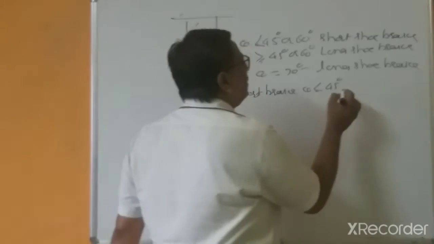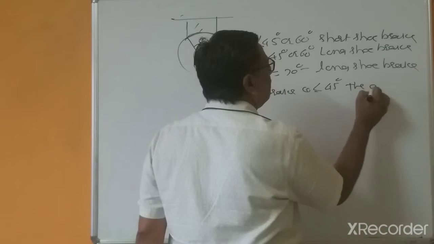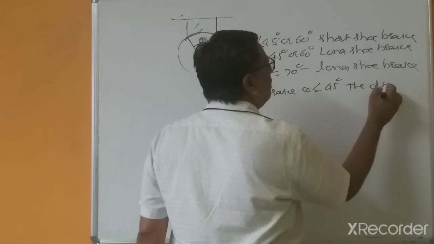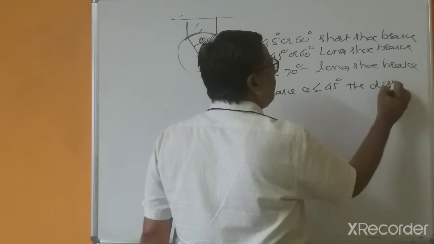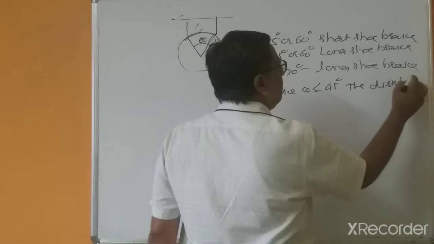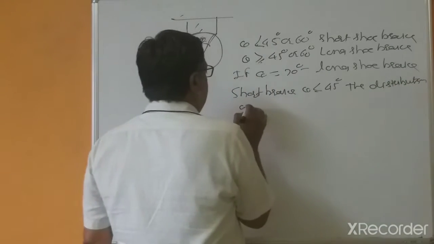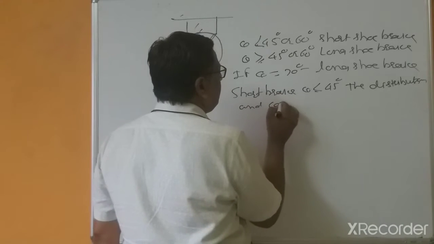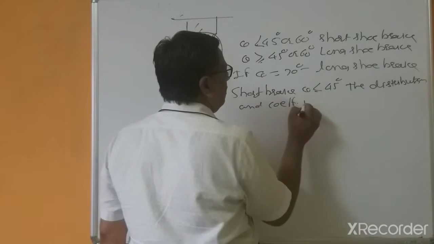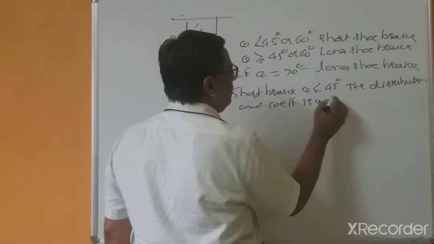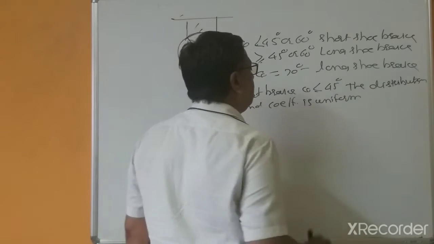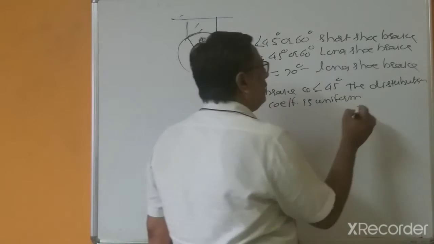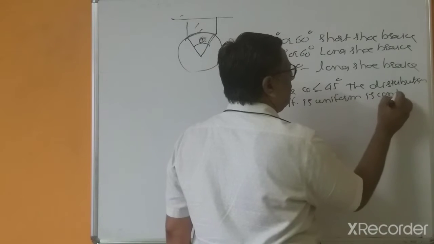So the distribution of the pressure and the coefficient of friction is constant. It is a uniform distribution, and the coefficient of friction is constant.